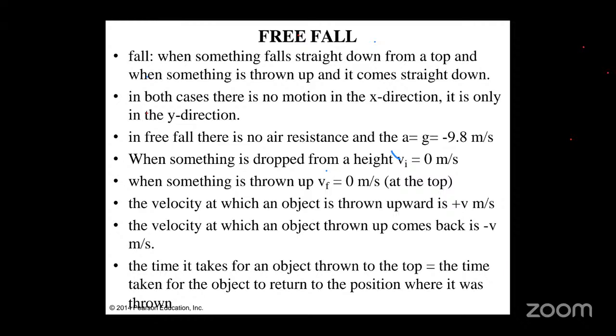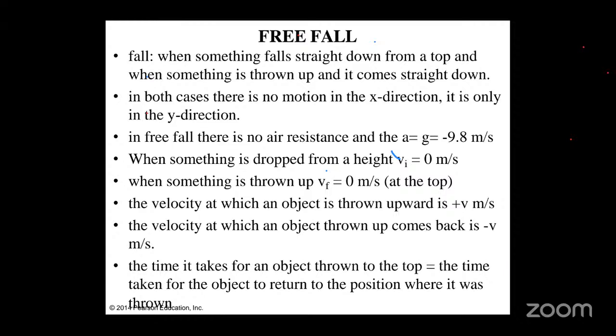So A is equal to G, because the object is pulled by the gravitational force of the Earth. And it has a constant value of 9.8 meters per second squared.